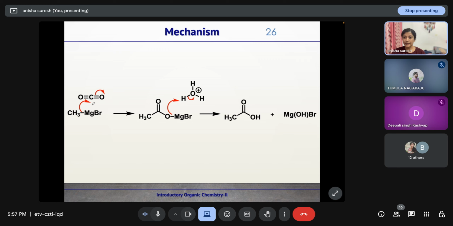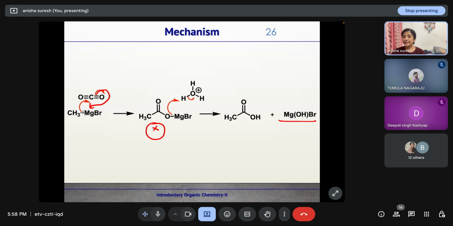Option A will be the right answer. So what is happening here? The methyl Grignard will add on to this carbon atom of CO2. It will result in the formation of CH3 C double bond O OMgBr, which is our X. That upon hydrolysis will result in the formation of carboxylic acid and MgOHBr, which is the byproduct. Okay, so this is how carboxylic acid can be formed by the reaction of Grignard and carbon dioxide.